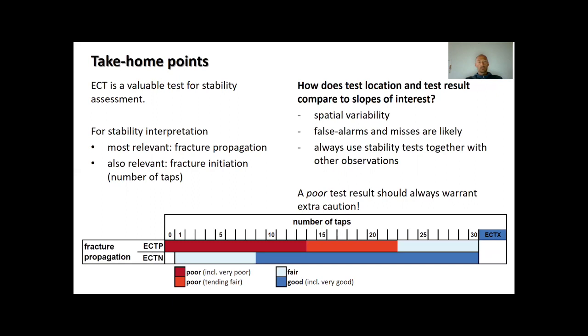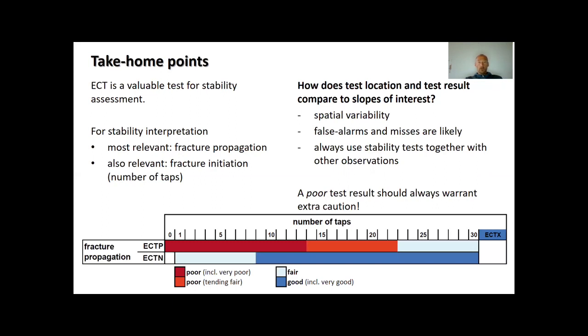This primarily decides whether the test is related to stability or instability, which is close to the proposed interpretation by Ron Simenhois and Karl Birkeland. However, we have also seen that the number of taps required to initiate a fracture is also relevant and can help us find an intermediate score.